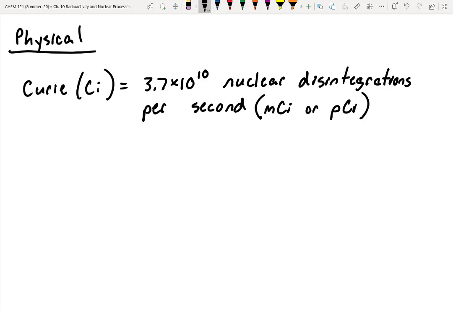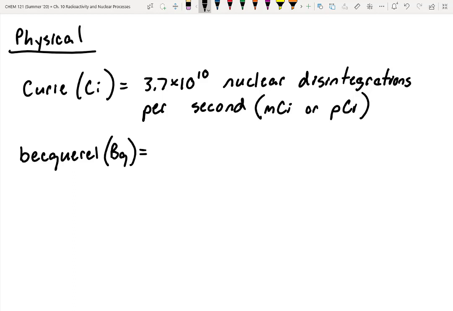There's been a newer one that's tried to be pushed in the United States, but it hasn't really caught on, but we still want to present it because you might run into it. I'm going to butcher this because it's a French name, but I think it's becquerel, and the symbol for this unit is Bq. This one's a lot more manageable.